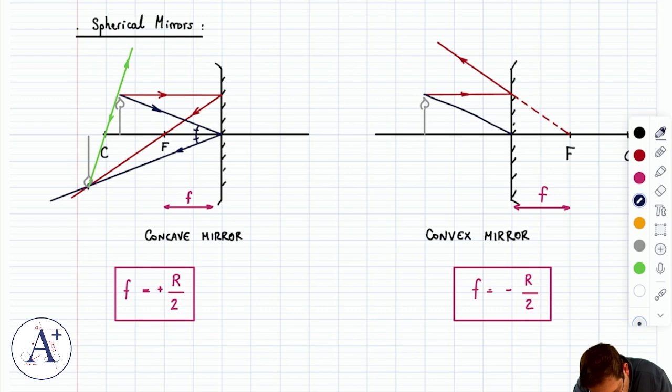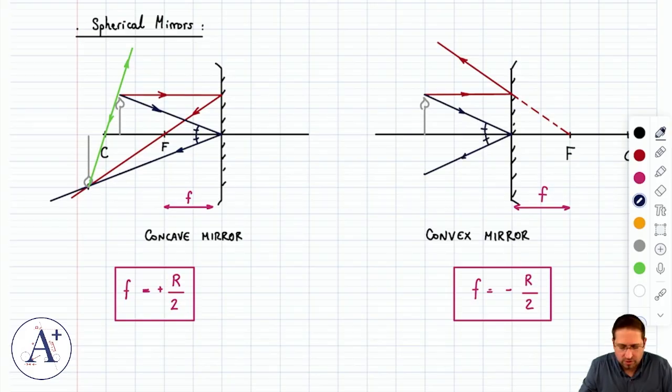Then the ray of light that hits the mirror on the optical axis, nothing changes. That one just reflects according to the law of reflection, like this.